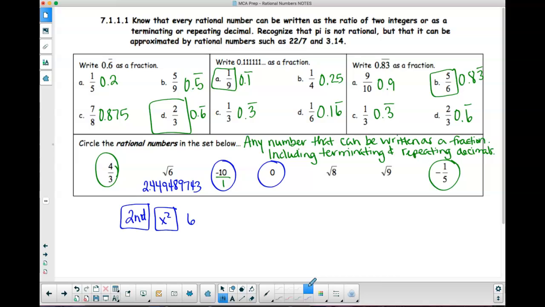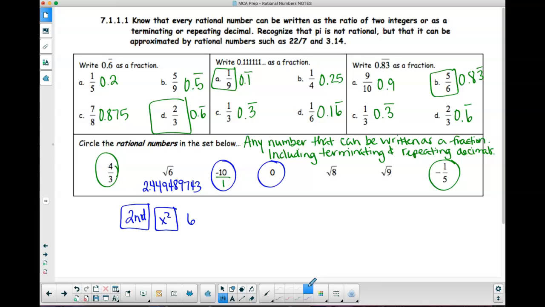Now. Okay, everybody know how to do that? No. Hit second, the x squared button. Now type in 6 and hit equals.